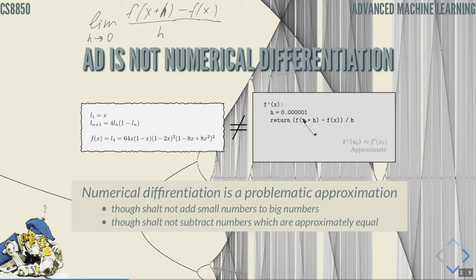If our step is quite small, then we hope we will get a good approximation to the derivative, to the first derivative at least.